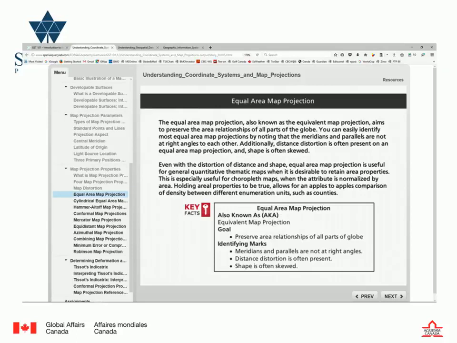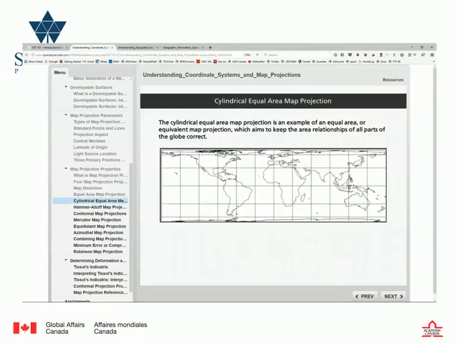So if you want an equal area map projection, it is a projection that keeps the area from the curve to the flat. And in order to preserve the area, the meridians and parallels are not at right angles. The distance distortion is always present, and the shape is often skewed. The meridian and the parallel should always be perpendicular, but if you want to keep area, they won't be.